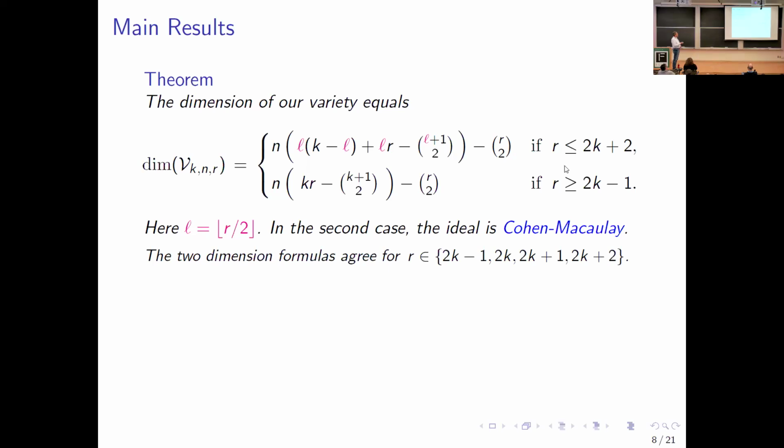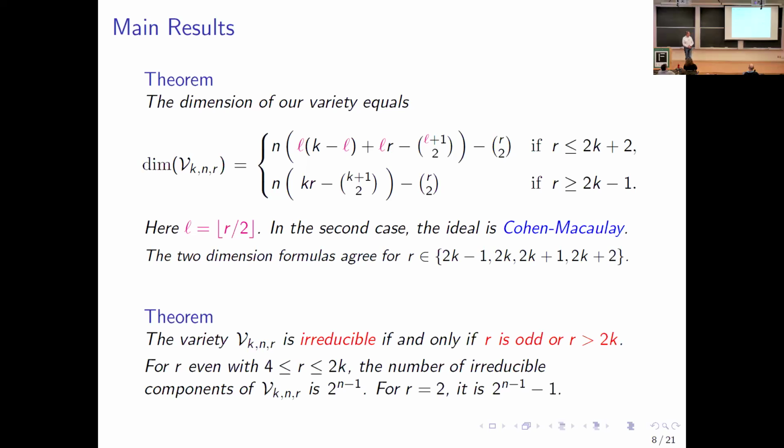The way I wrote it, the low rank regime and the high rank regime overlap in 4 numbers, namely from 2k minus 1 up to 2k plus 1. And this is in the paper. If you like binomial coefficients and you really don't like the rest of the talk, you can check as a little exercise that for these values, these are the same numbers.